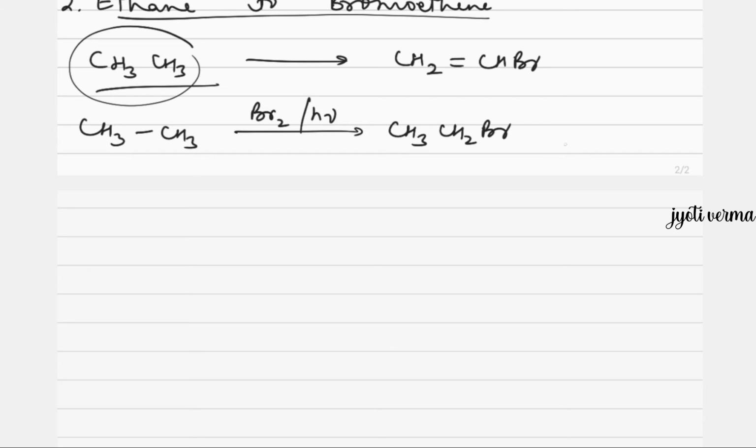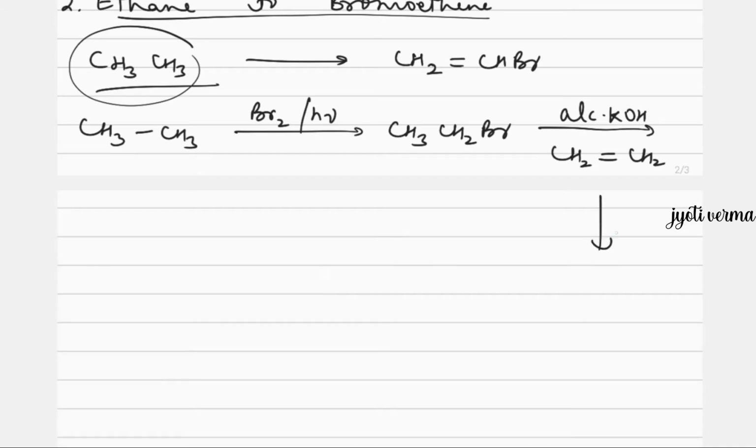Now if we do its elimination with alcoholic KOH, we will be getting CH2 double bond CH2. Now if we had to prepare bromoethane in place of ethene, we can simply add HBr. That would have been so easy, but it's bromoethene. So how to do it?